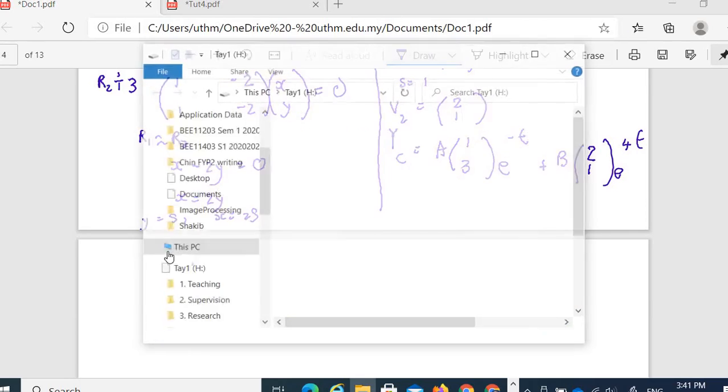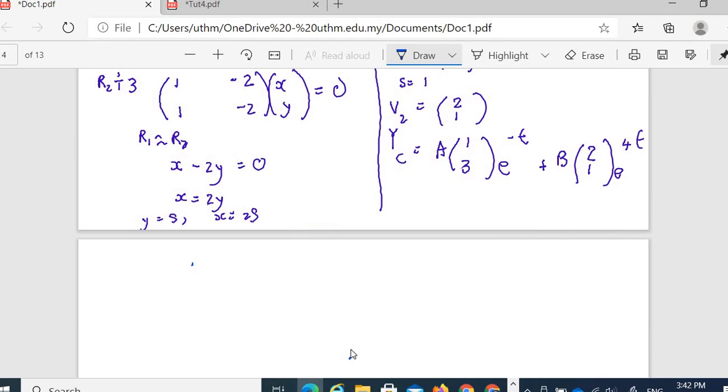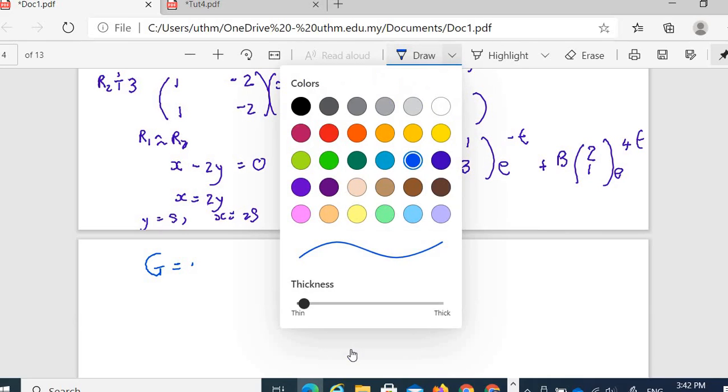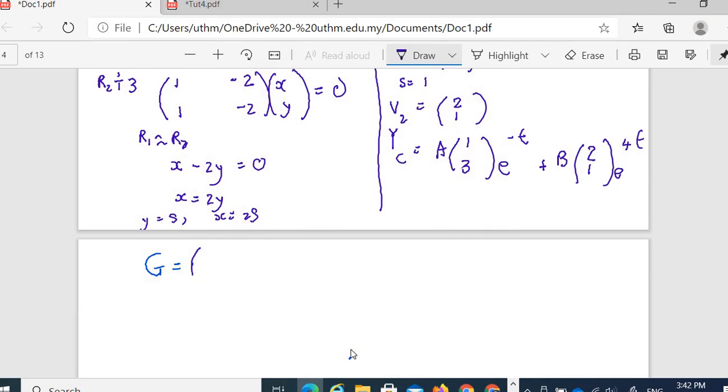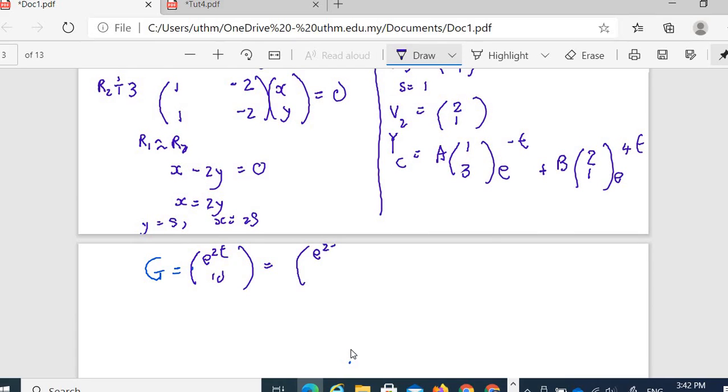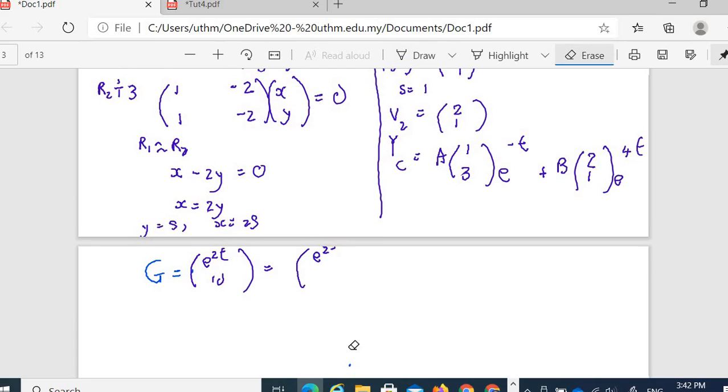Your vector G, you have actually exponent 2t and 10. When we have exponent 2t, exponent 2t 0 plus this 0 10.